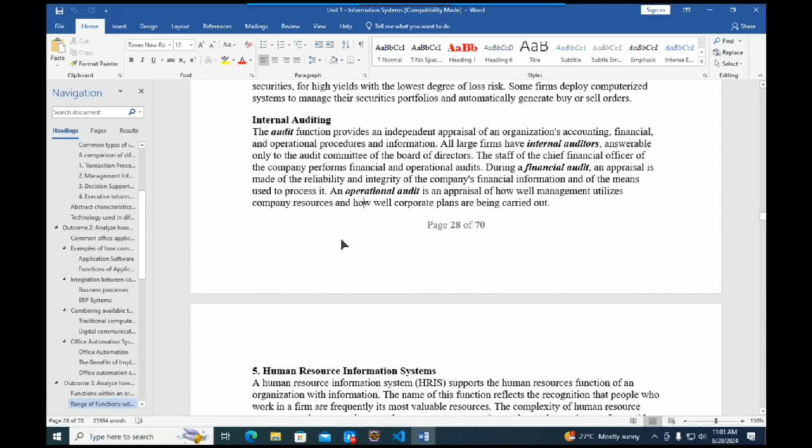Then we also have internal auditing, which is a function that provides what we call an independent appraisal of the organization's accounting. Large production companies have internal auditors, and these auditors are answerable to the audit committee of the board of directors.